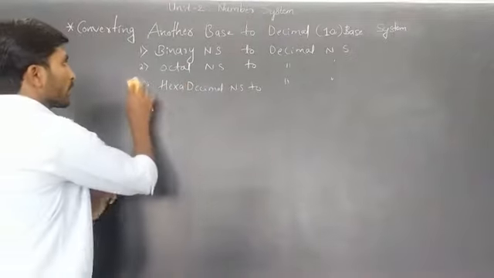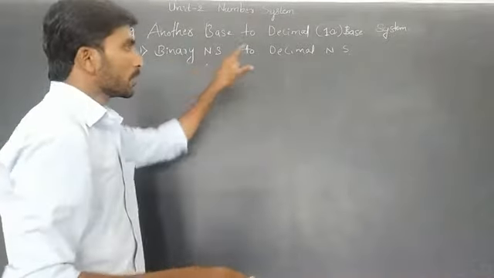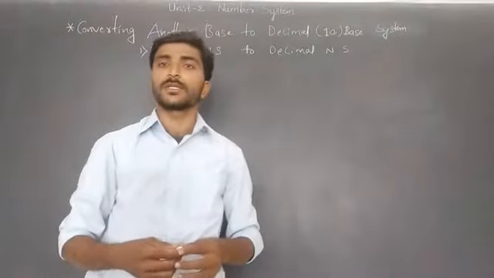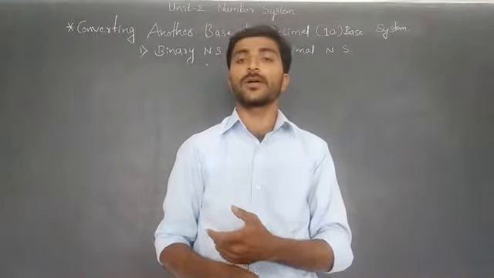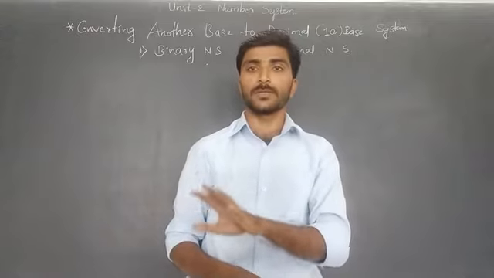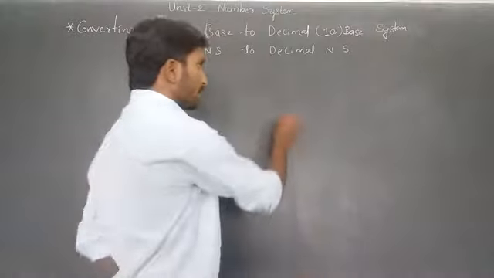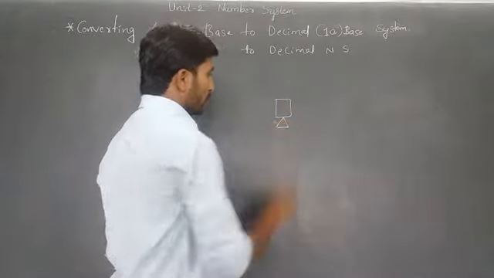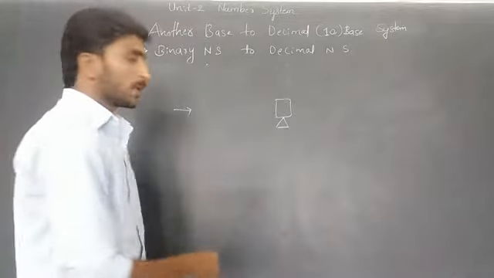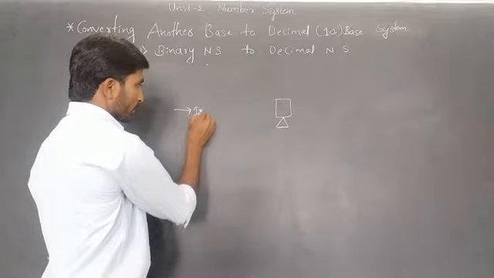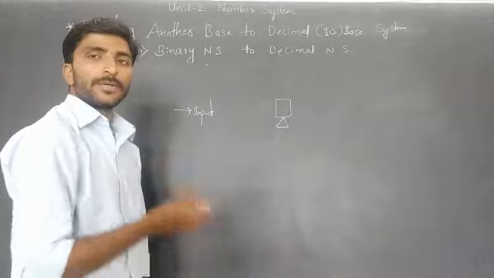First, we are going to discuss how to convert binary number system to decimal number system. Where do you have to apply this in the computer? For example, here there is a computer. Whenever you provide inputs from the user to the computer, how does it take inputs?